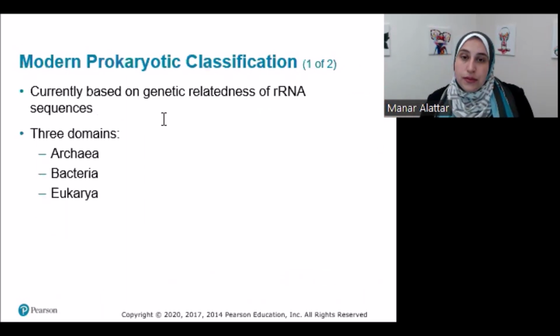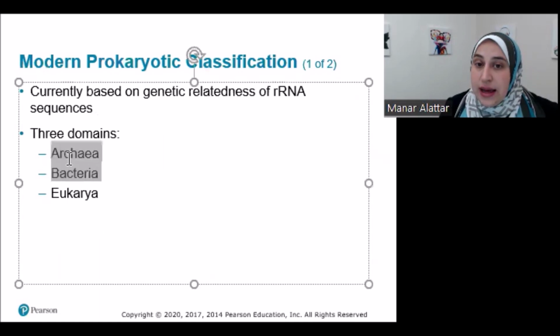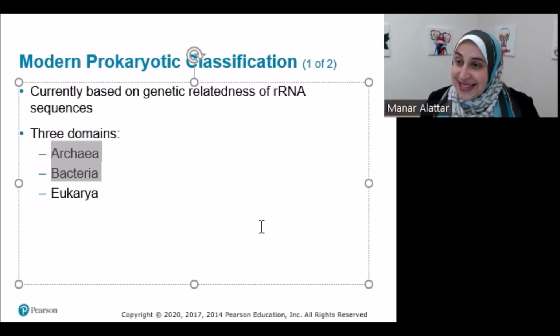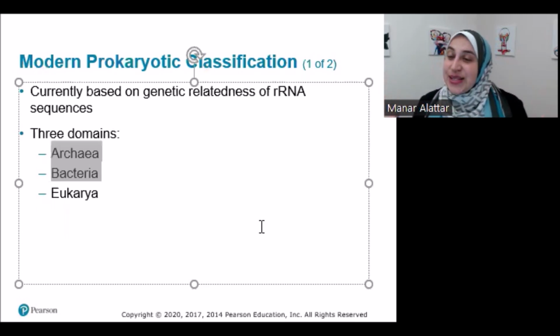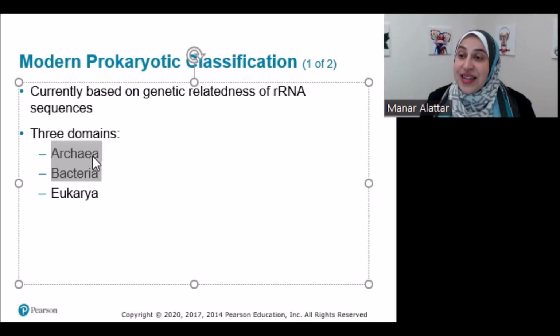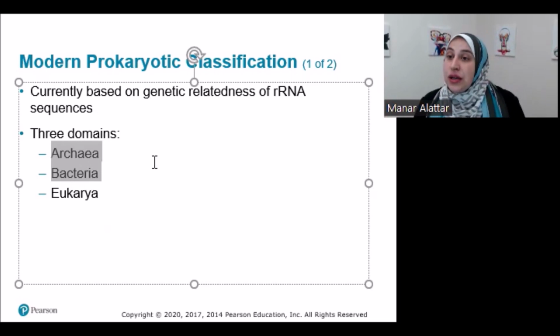Just a reminder of the 3 domains of life: archaea, bacteria, and eukarya. Archaea and bacteria are prokaryotes that are simple unicellular organisms and often look very similar to one another under the microscope and even metabolically. And so up until 1977, very recently, these were classified under one domain.